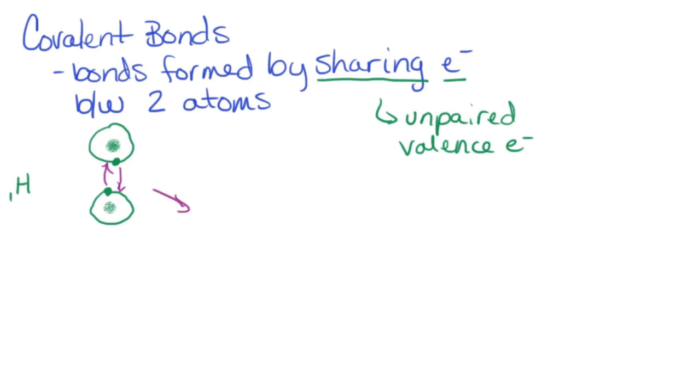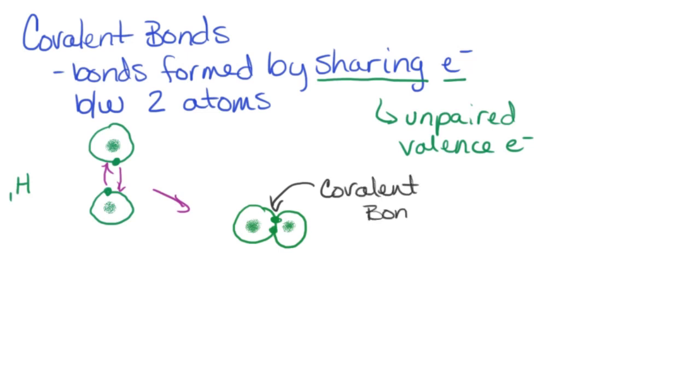The end result is that we end up with a covalent bond. So if I draw that end result right here, we have this hydrogen and this other hydrogen, and they each share their 1 electron with each other, and now we can call it a covalent bond. As we see in the middle, this is the covalent bond.